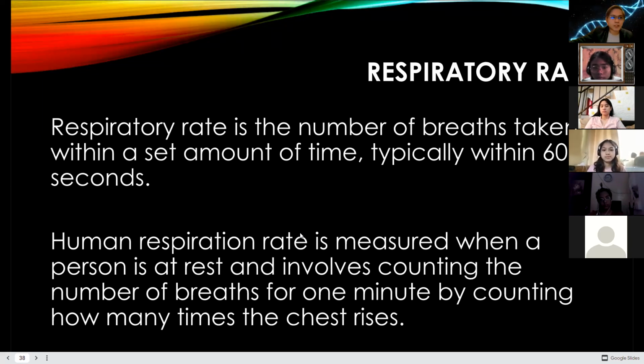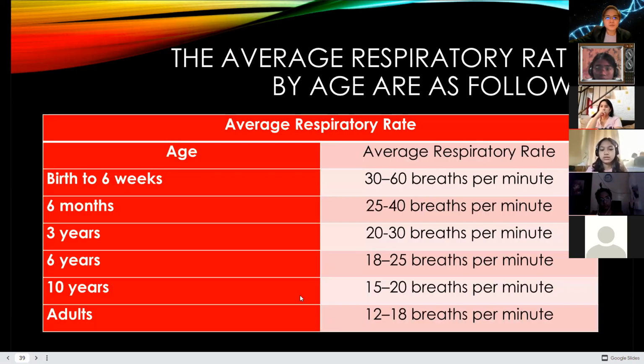We look at how many times the chest rises, because if there is a chest rise, we can say that the lungs actually expand and relax. So this is the average respiratory rates by age, and this is as follows.